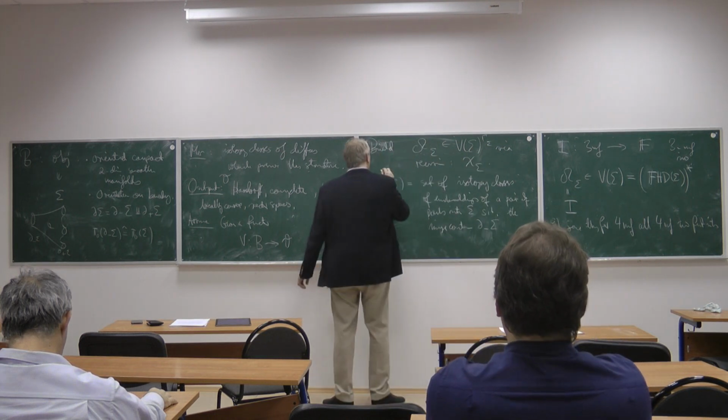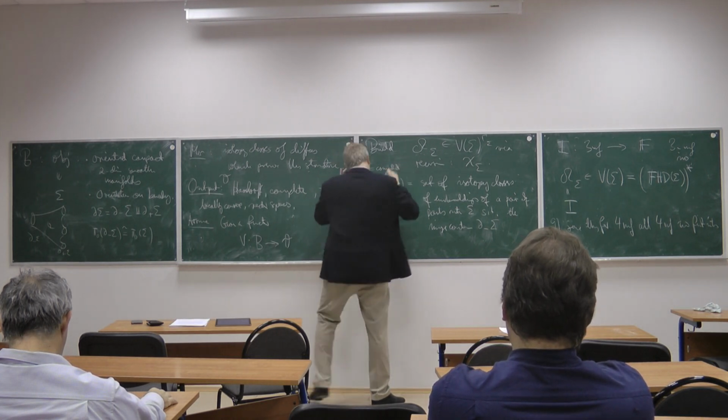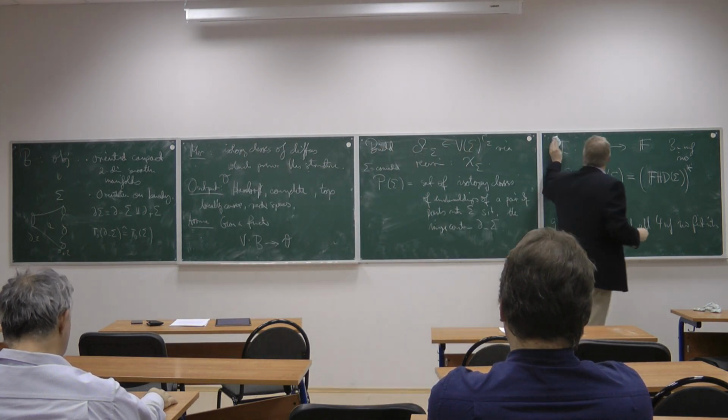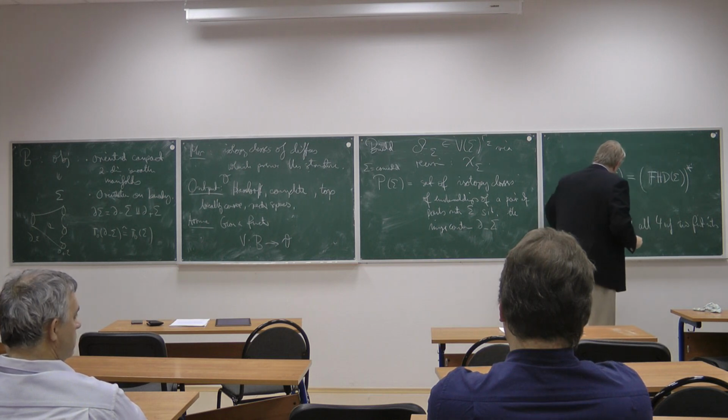And so right now I'm assuming that sigma is connected. Right? It's a connected object. This set here is of course countable, but it's certainly infinite in most cases, right?